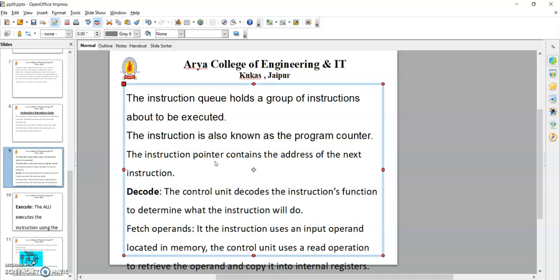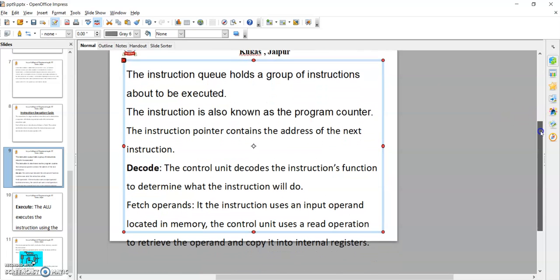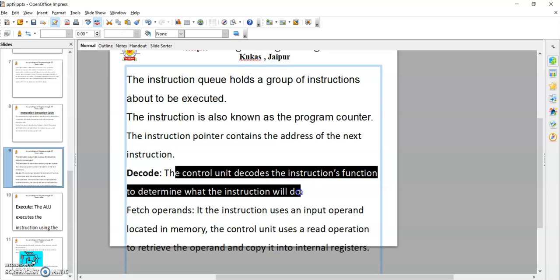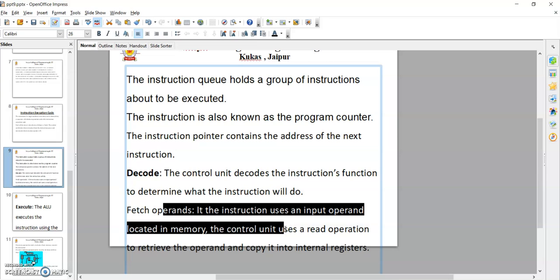So what is decoding? We have already studied these stages. Simply reading out here, in decoding the control unit decodes the instruction's function to determine what the instruction will do. What is fetching the operand? The instruction uses an input operand which is located in the memory, and the control unit uses a read operation to retrieve the operand and copy it into the internal registers.